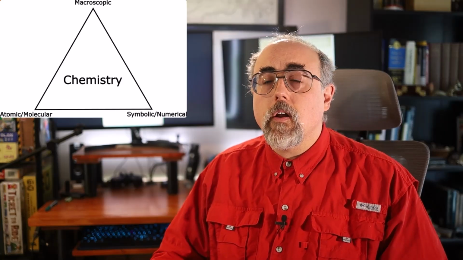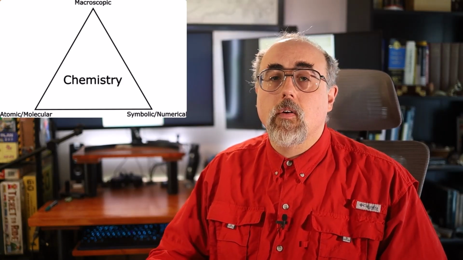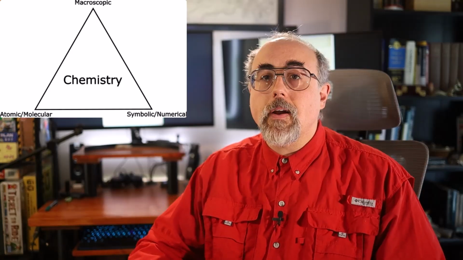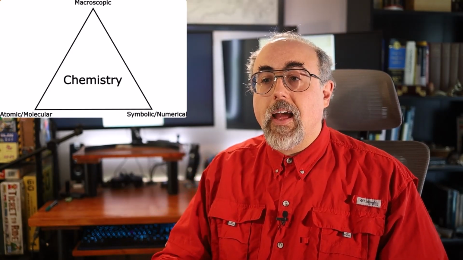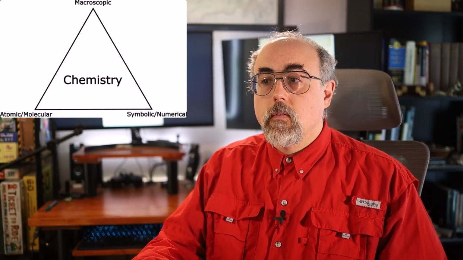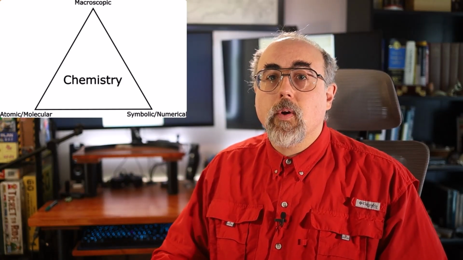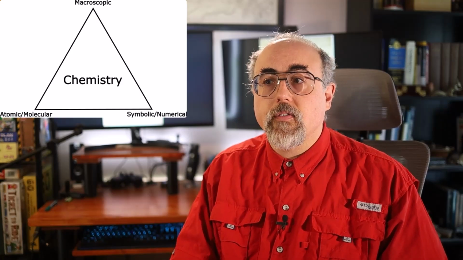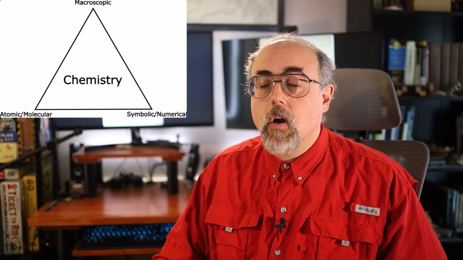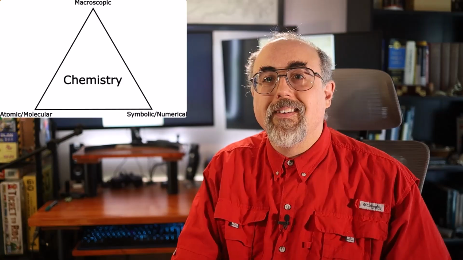But the other point on Johnston's triangle is the symbolic or the numeric. In order to understand the world around us, we generally have to convert that into math, because we're going to understand how math works. In the previous video, I talked about models and how a model is our conceptual framework. The model is almost always an equation.